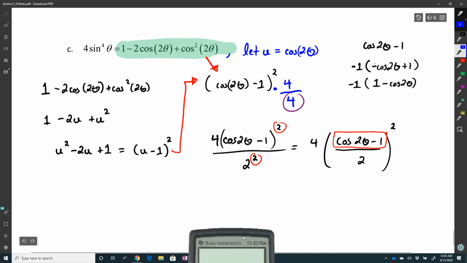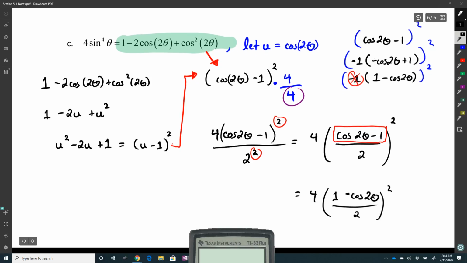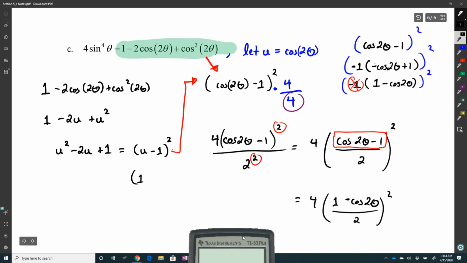Now the reason that it doesn't matter is when you're squaring everything, what happens to that negative 1? Well, that negative 1's pointless because you're squaring it. So that's why in this next step, I'm just going to switch the order, and it's legal because we're squaring it. Okay? If I had rewritten this as 1 minus u squared and then did my substitution, it would have avoided that whole thing.